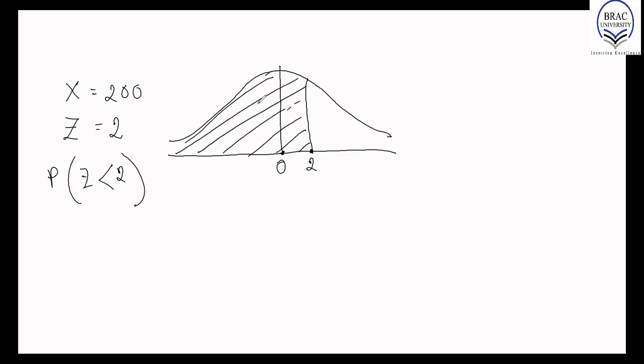Now we know, and I've said this many times, our table 1 from the appendix lists all the positive outcomes. I cannot emphasize enough on this. You have to remember, we only have the outcome of the upper tail or the positive outcomes listed in our table.